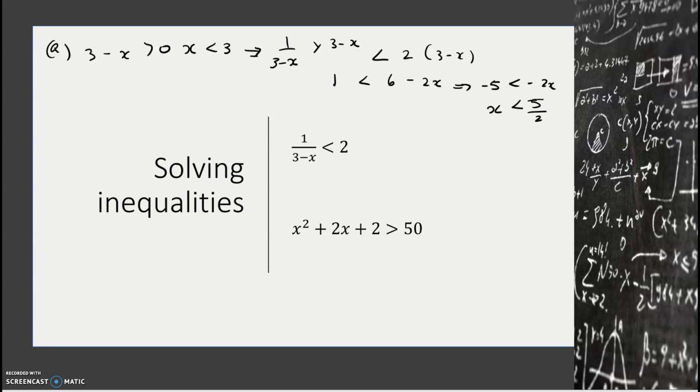This is a bit tricky. If you divide both sides by a negative number, you get -5 divided by -2, and then you reverse that, but that's what it ends up as.